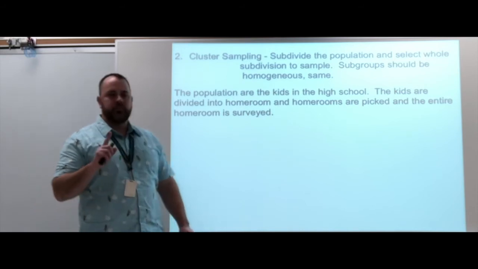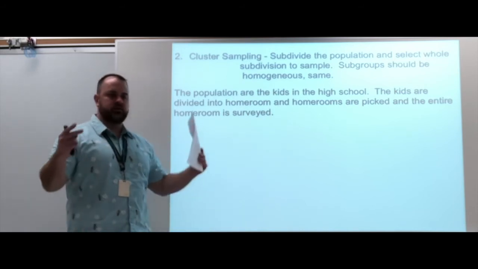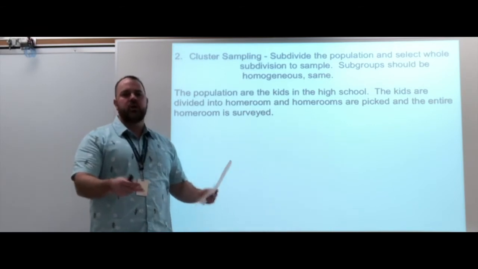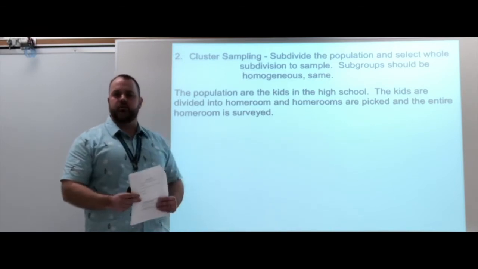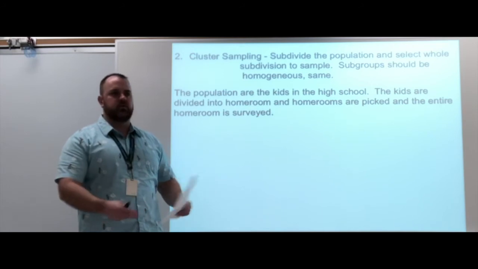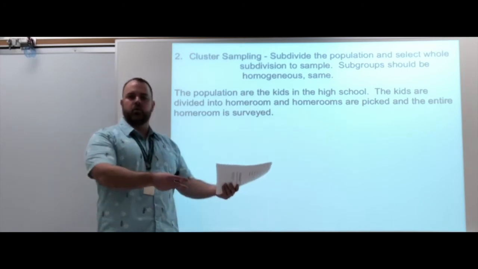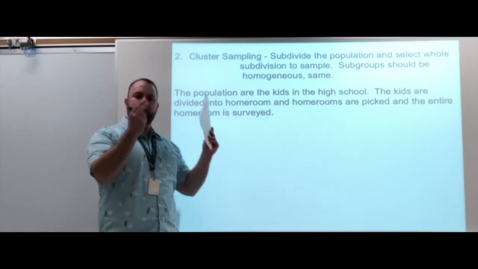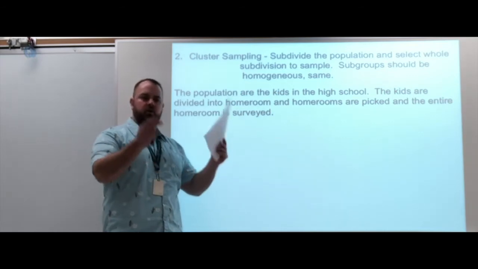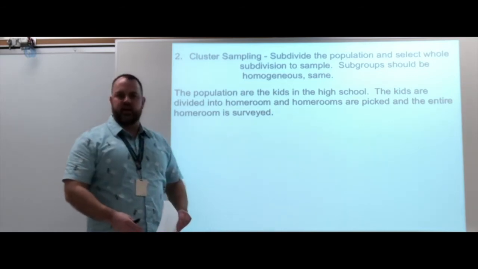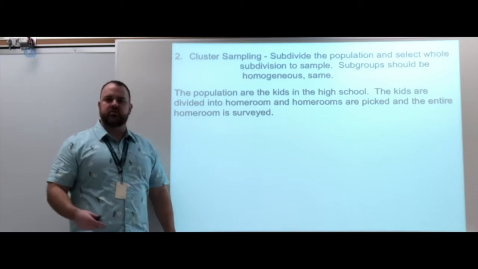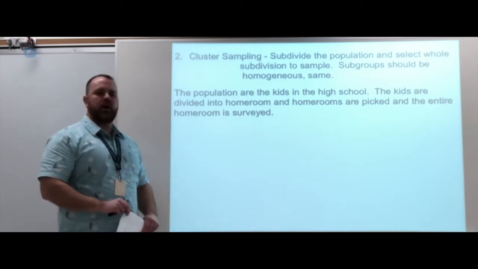So here's all of our kids, and homerooms are usually put together by grades. It's not just a random group of students. It's a homeroom: these are 20 seniors that were put together, here are 20 juniors that are put together. So those homerooms are similar to each other, and you're not randomly picking homerooms.